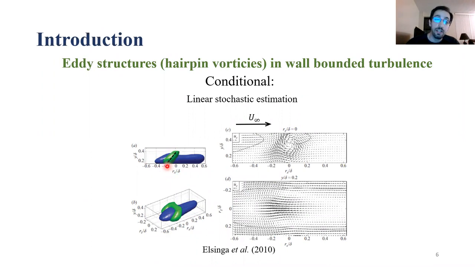First of all, you can see that an eddy structure is at an angle with the streamwise axis. These are the legs of the eddy structure, and this is the head of the eddy. The legs are located upstream of the eddy, and we say that the eddy is backwards facing.